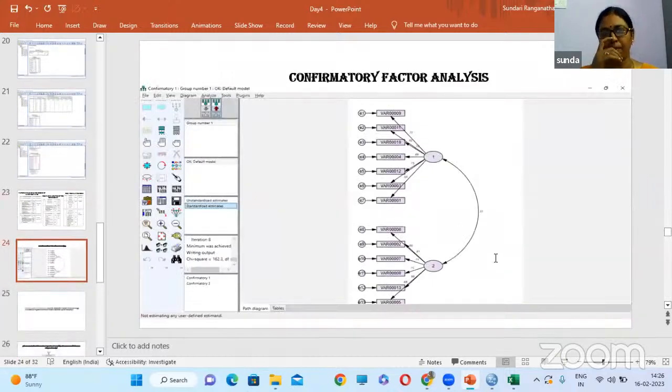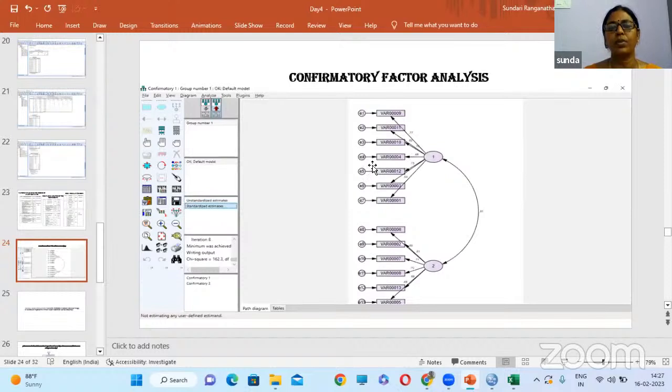And whatever factors emerged out of exploratory factor analysis, I have used AMOS to confirm whether the pattern of grouping is perfect. Confirmatory factor analysis is used to confirm that these statements are grouping. It is not based on our own influence. It is based on statistical iterations.